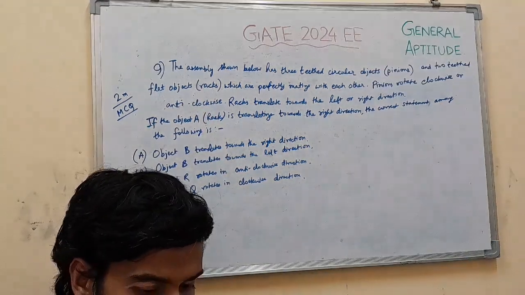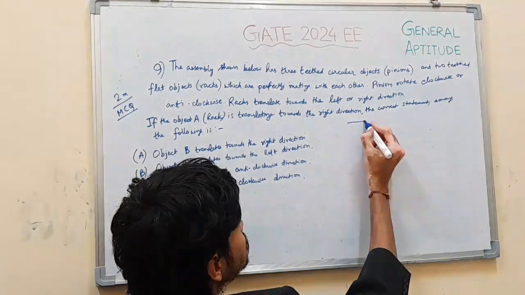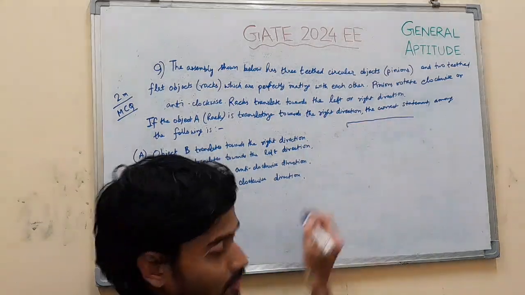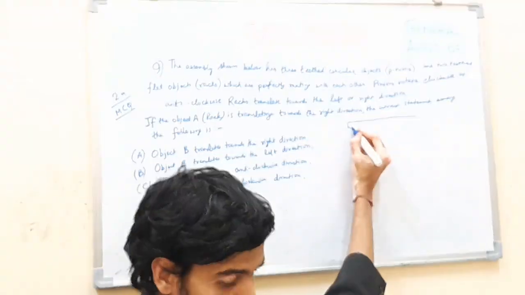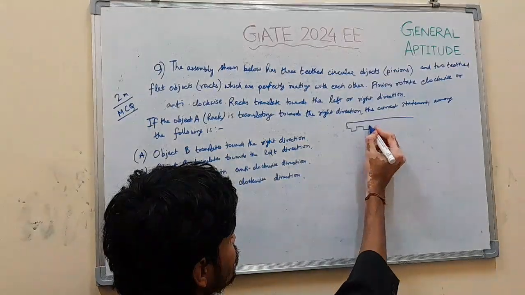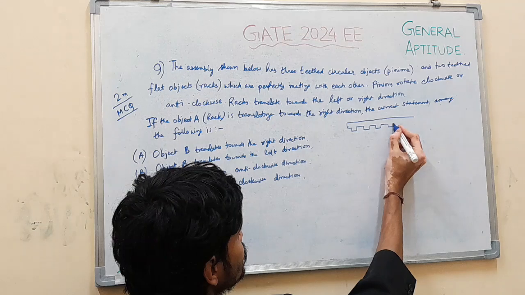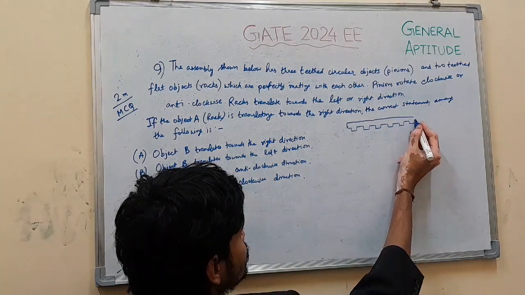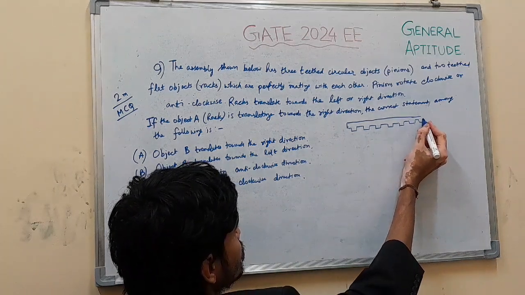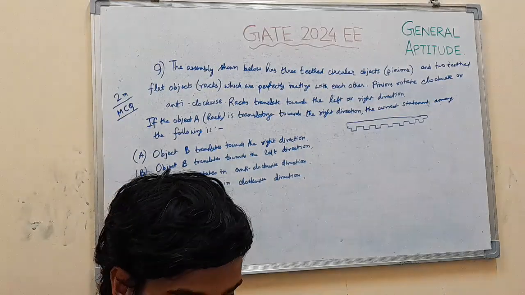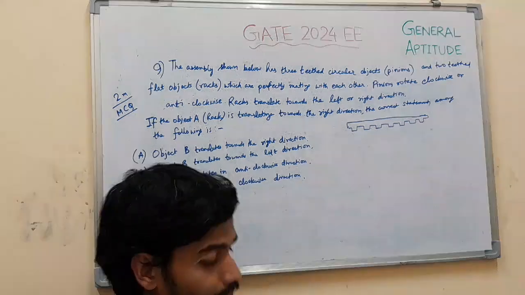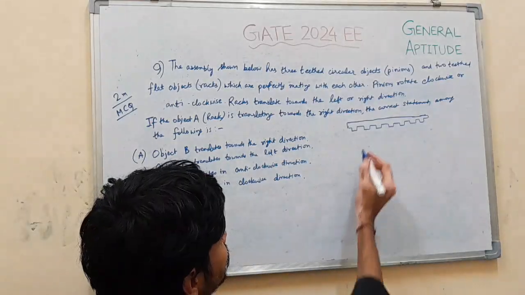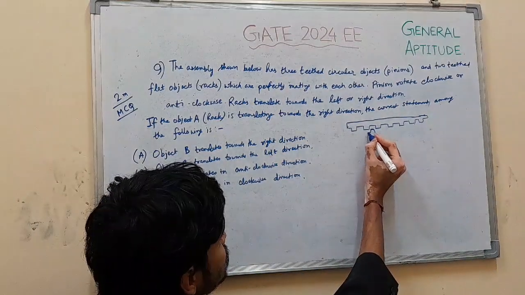The figure given is this object A, something like this. Object P is given as something like this.